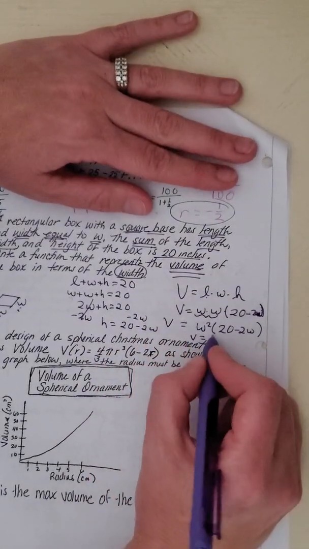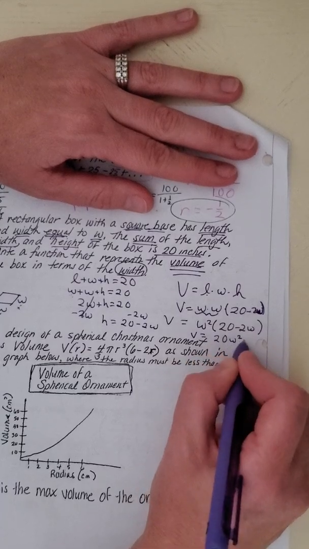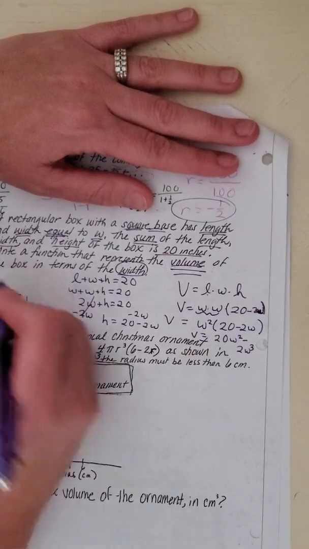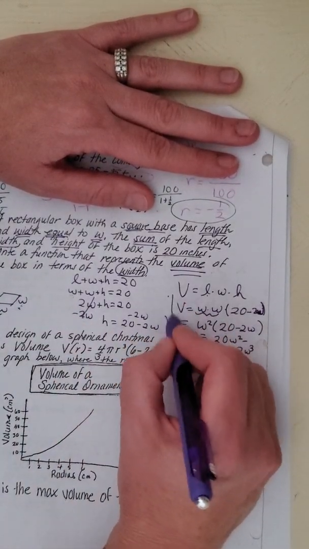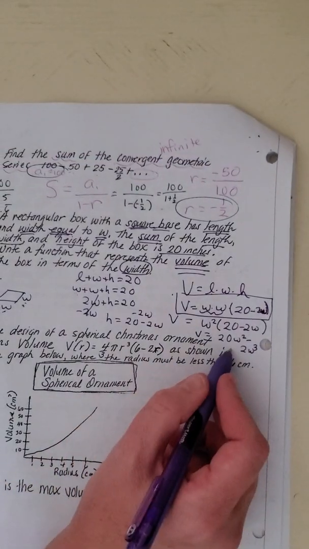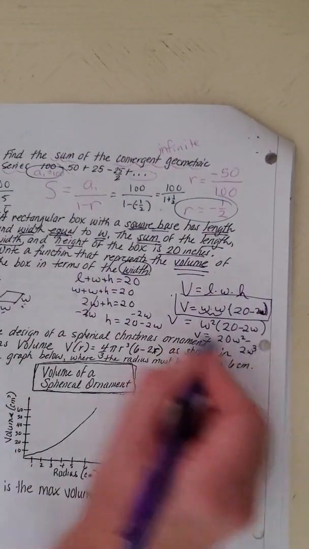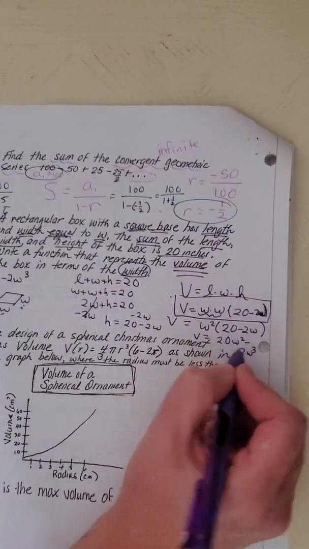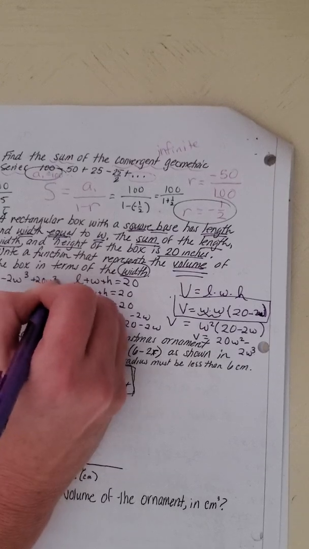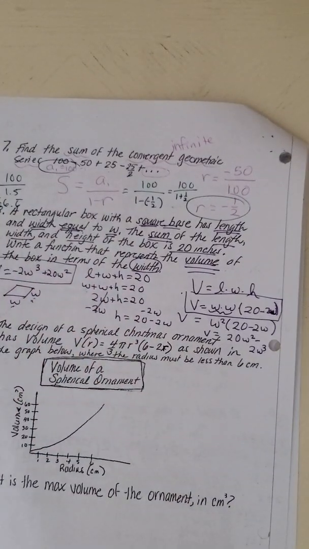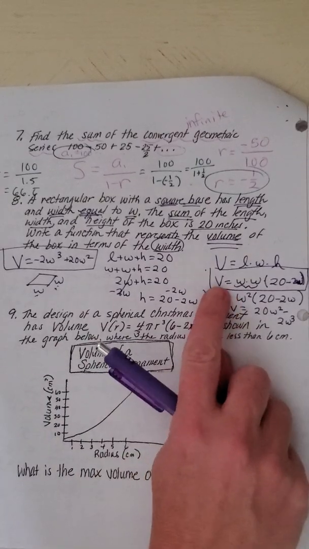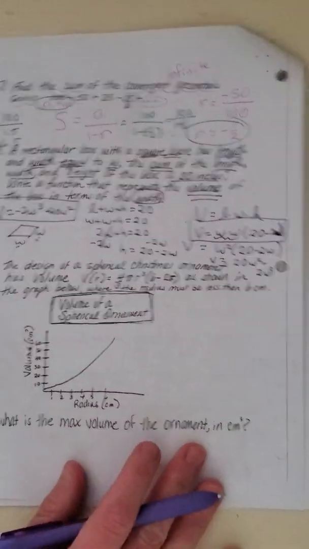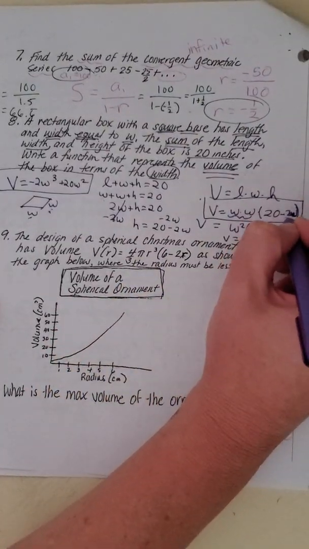The volume equals 20W squared minus 2W cubed, or in standard form, it would be negative 2W cubed plus 20W squared. Either of those are the same. You just have to recognize this is in factored form and this is in standard form.